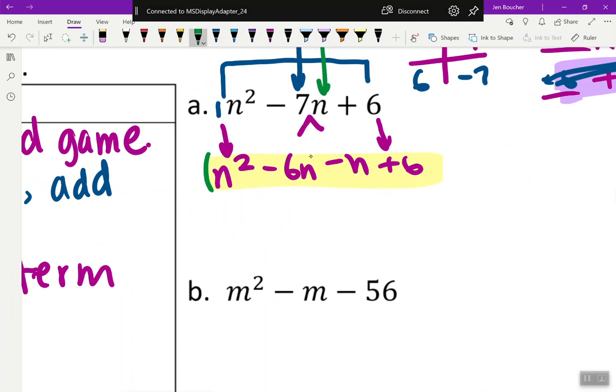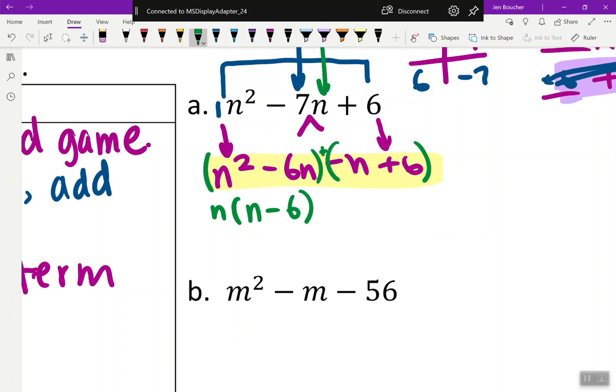Okay, how do we group? Group the first two, group the last two. Don't forget there's a little plus sign in here so you don't confuse yourself and start to multiply. From the first group, what do they have in common? An n. What are my leftovers? Wonderful. From the second group, what do they have in common?